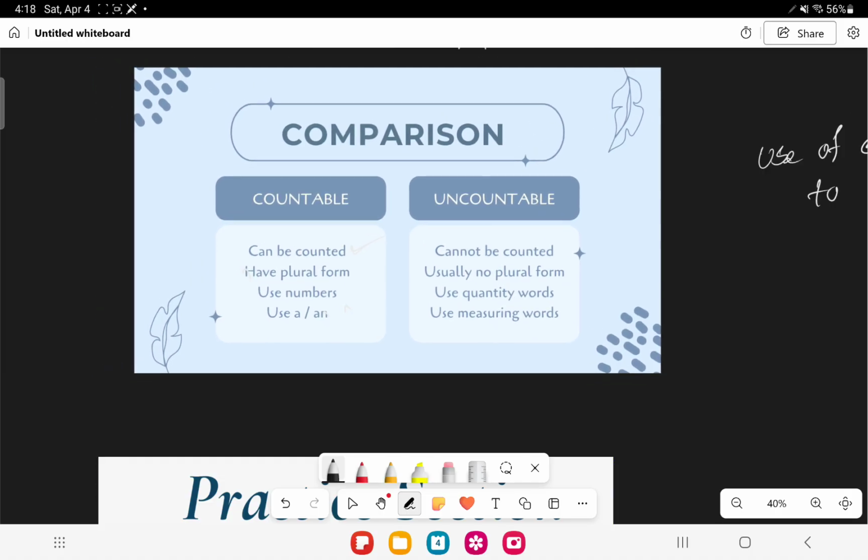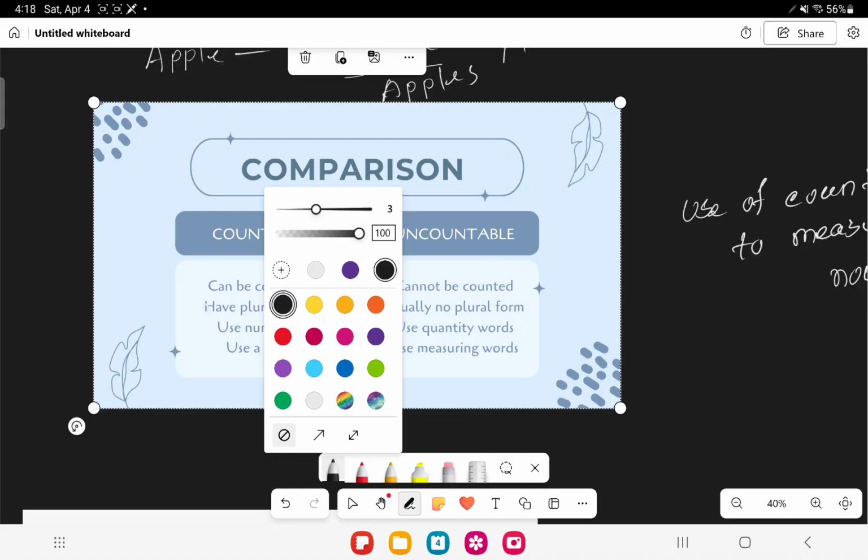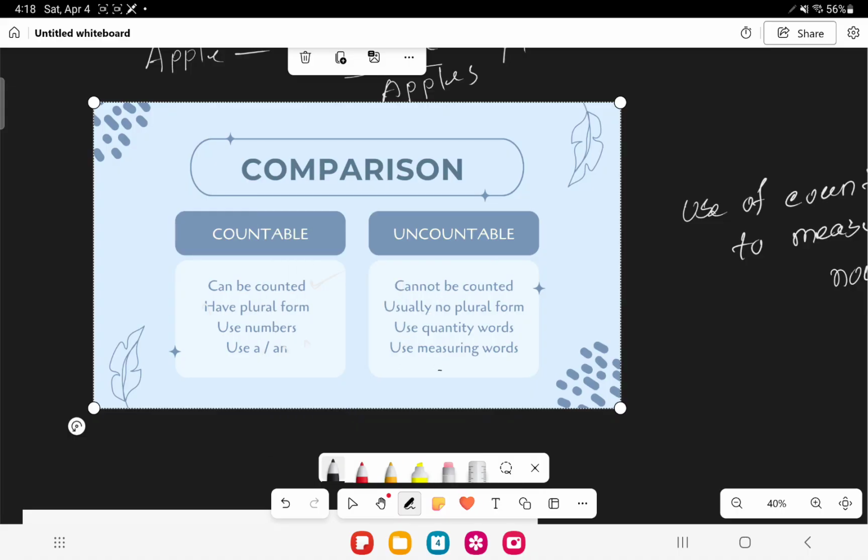We can count countable nouns. We cannot count uncountable nouns. We have a plural form of countable nouns, and we usually don't have a plural form for uncountable nouns.